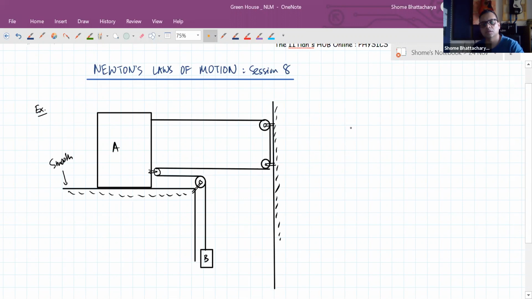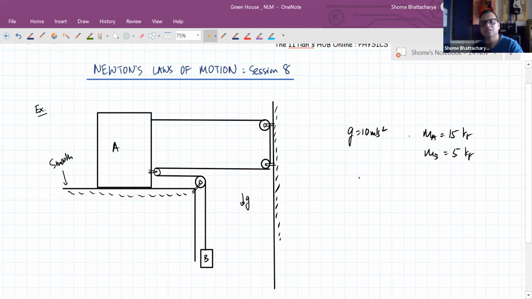Take the value of g as 10 meters per second square, and mass of A is 15 kilograms, mass of B is 5 kilograms.